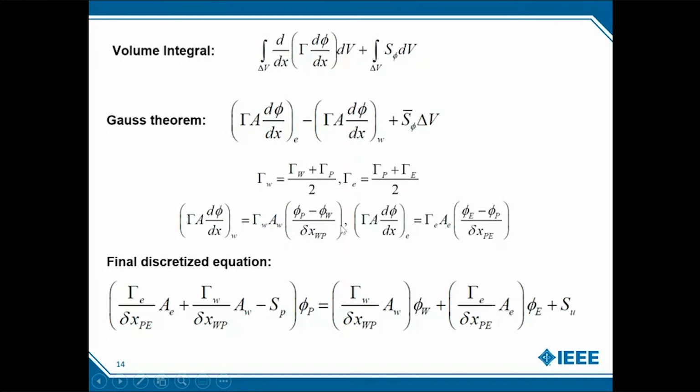So we have different, more accurate schemes to approximate this dou phi by dou x. People use these different schemes to finally formulate the algebraic equations, and they validate one scheme versus the other. So validation is all about having an initial solution which you can trust, and that solution can be anything. It can be a prior CFD analysis done by someone else, or it can be an experiment already existing.